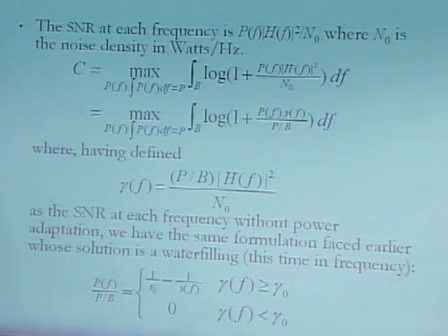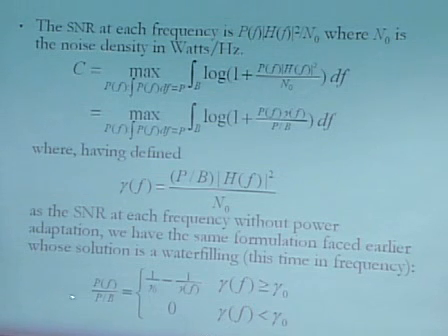Now, if you look at this integral carefully and check it against what we had in the flat fading time varying channel, you'll see that it's again the exact same integration, except that time has become frequency. So the solution is going to be exactly the same with the proper variable replacement.